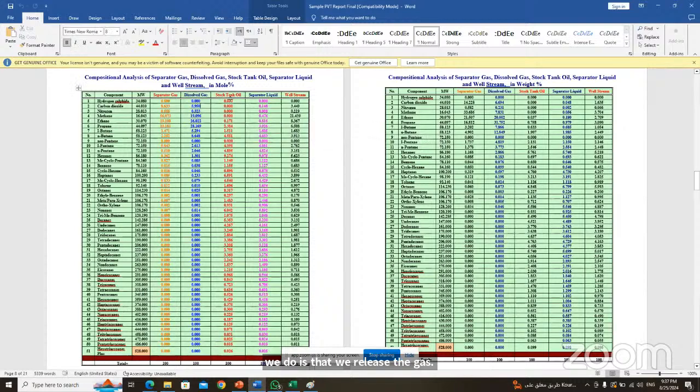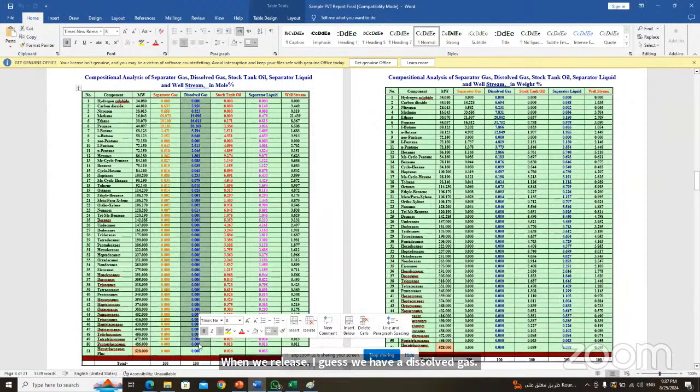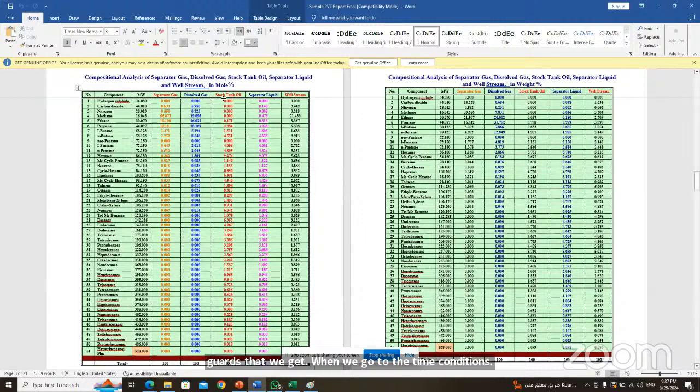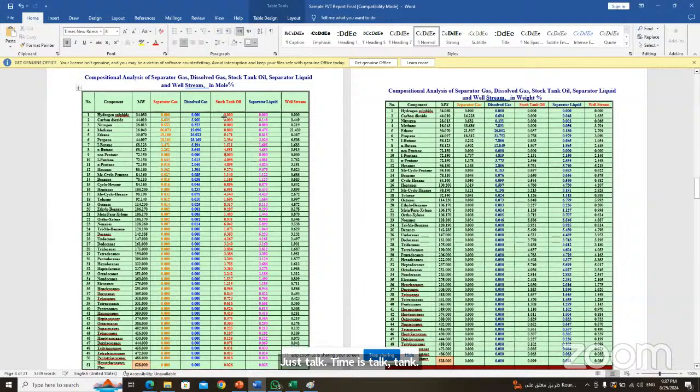We have the dissolved gas, which is the gas we get when we go to the stock tank conditions, and we have the stock tank oil, for which we measure the composition.